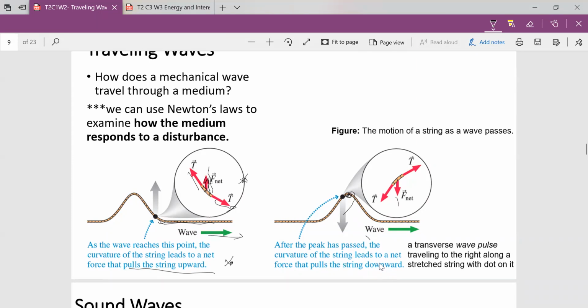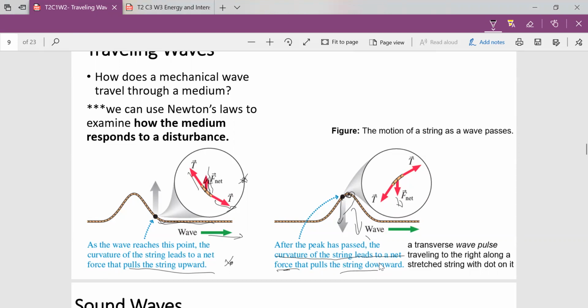Now, once the wave gets to its peak here, in the B section of the diagram, you see another net force pulling it down. That's causing the dots to come down. So as the peak has passed the dots, the curvature of the string leads to a net force that pulls it down to be flat again.